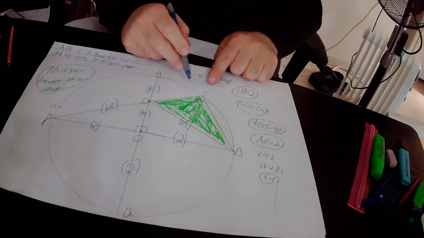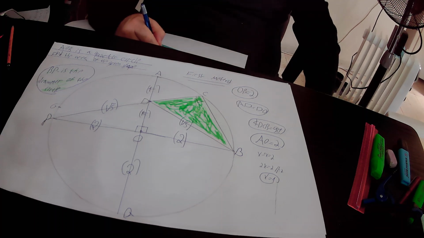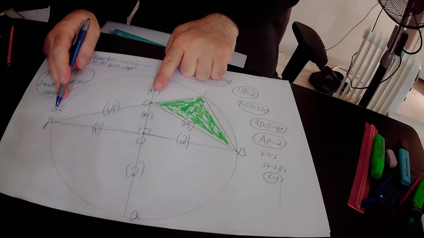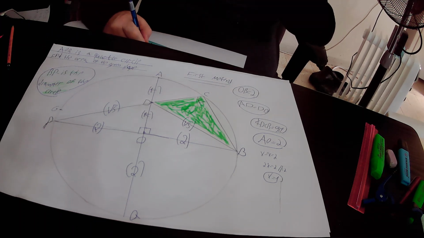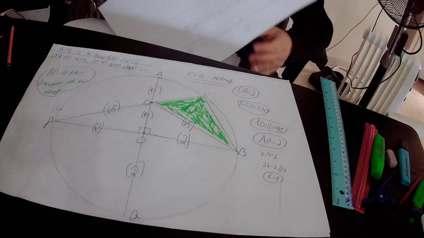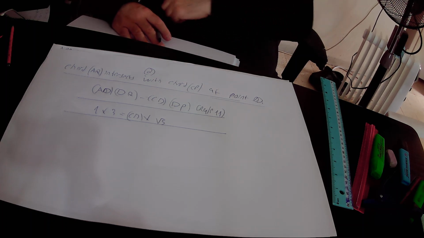And it is equals to CD. CD is the missing side, so we leave it as it is. Times DP. DP equals to the square root of 5 units. So total, according to rule 11, we found out that 1 times 3 equals to CD times square root of 5.